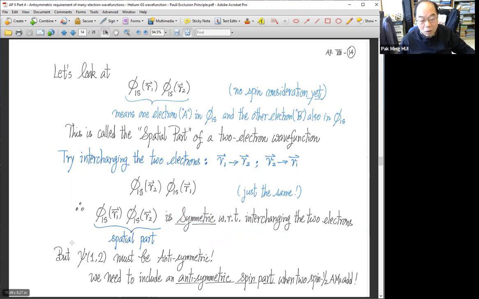The total two-electron wave function of the helium ground state must be antisymmetric. Should we worry? Well, not quite, because we still have a spin part to include. Once upon a time, maybe 2 weeks ago, we studied how to add two spin-half angular momenta. Now, these are the two spins half of the two electrons.